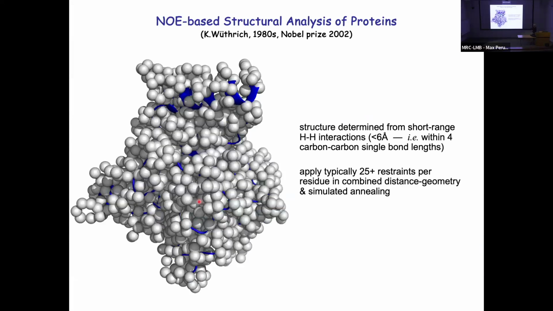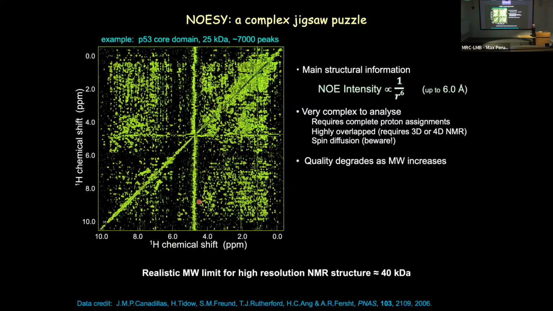We have the capacity to measure the distance between individual specific pairs of spins. We build up a map of typically between 25 and 40 restraints per amino acid residue, and we feed that information into a distance geometry algorithm, and it comes up with an overall fold for the structure. It takes a long time to do it, but it's certainly something that was done for several decades.